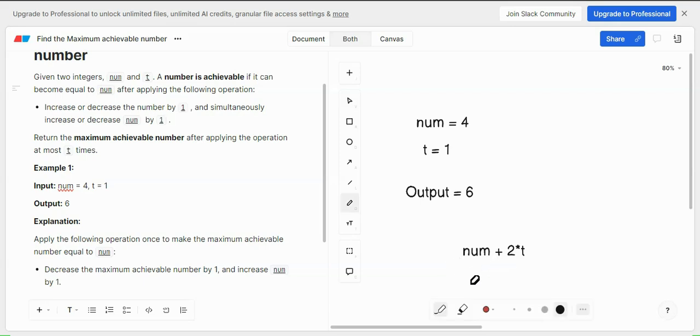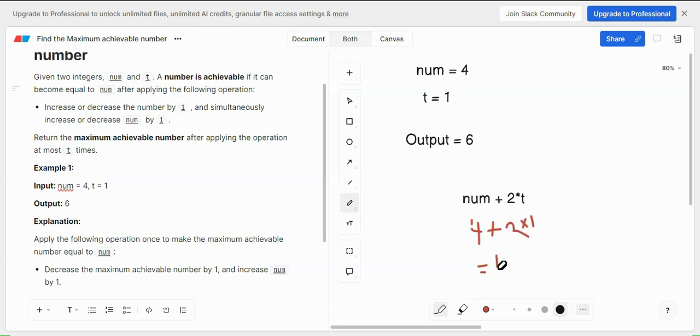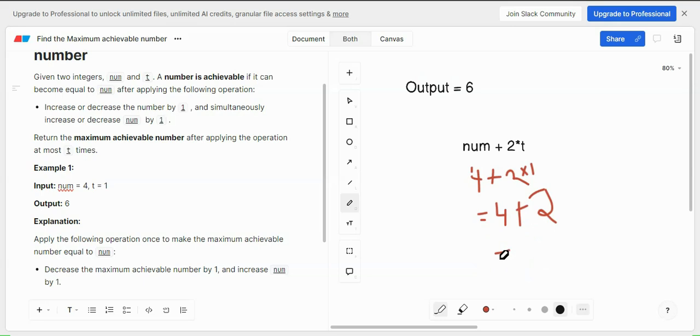If you substitute the values in this formula, num plus 2 into t, that is 2 into 1, we get 2, and 4 plus 2 is equivalent to 6. This is what we need to return.